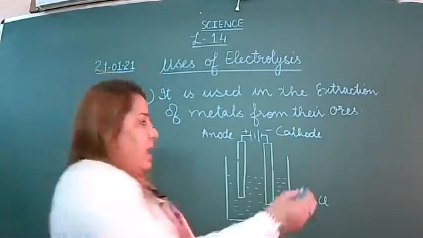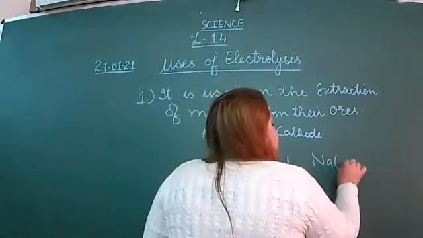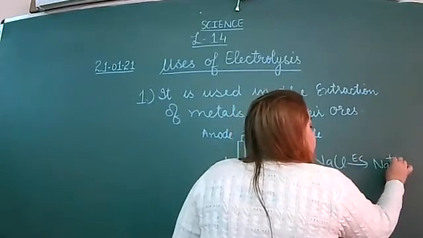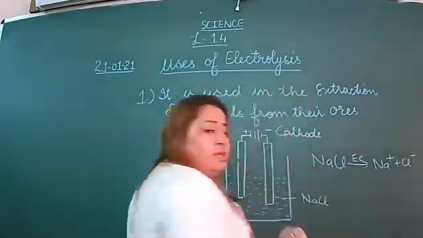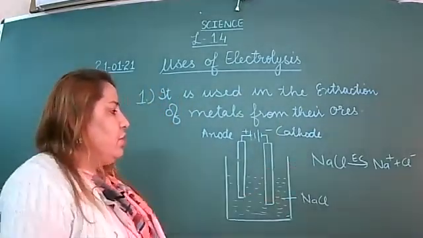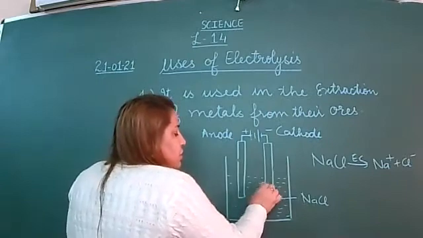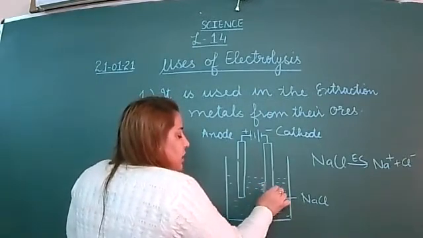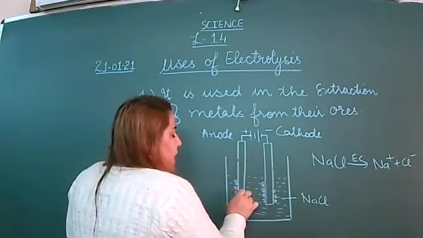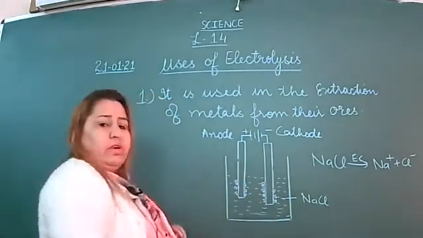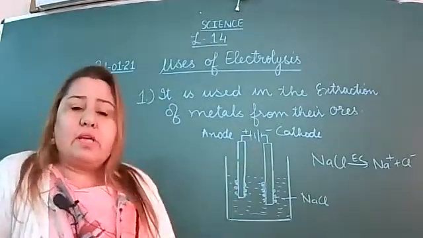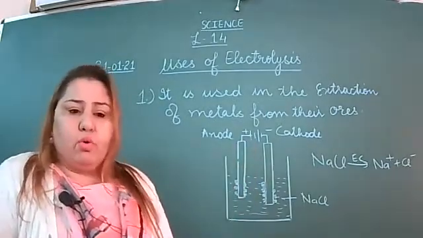NaCl dissociates into Na positive plus Cl negative ions. Sodium will deposit on the negative side, and chlorine gas will be attracted toward the positive side. So by this method, we can extract the metals from their ores.